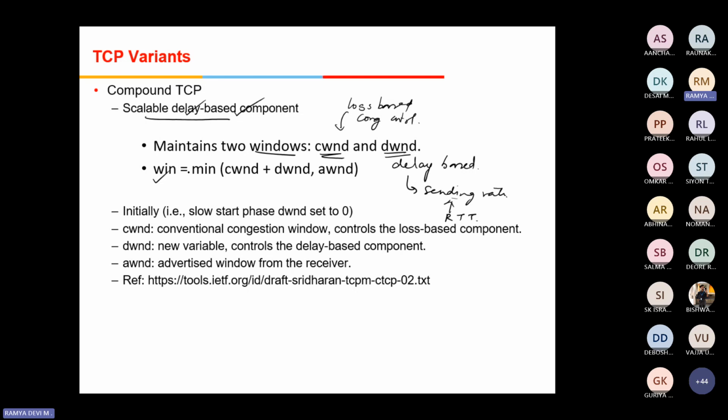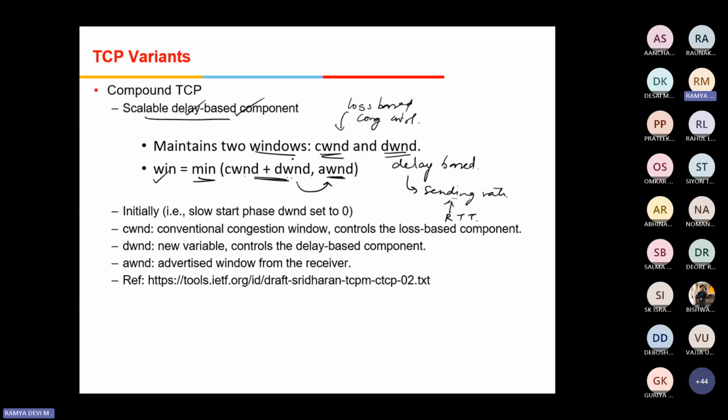The effective window size will be calculated as the minimum of the advertised window and the congestion window plus the delay-based window, added together. If the sum is less than the advertised window, that will be taken, or else if it is larger compared to the advertised window, the advertised window will be taken.